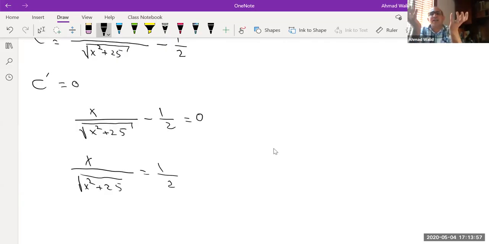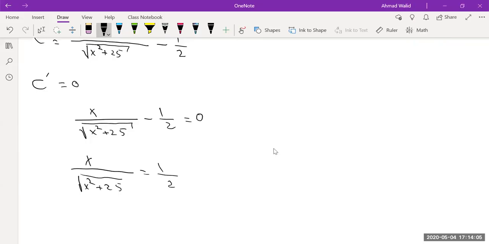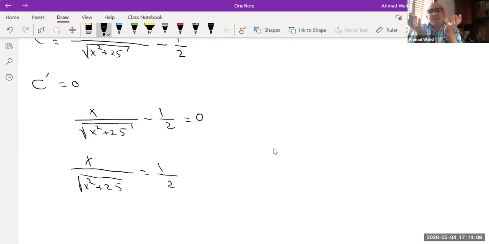A fraction equal to another fraction. We call it what? You want to go back to grade 5 school? Cross multiply. You can do cross multiply on which kind of equation? A proportion.